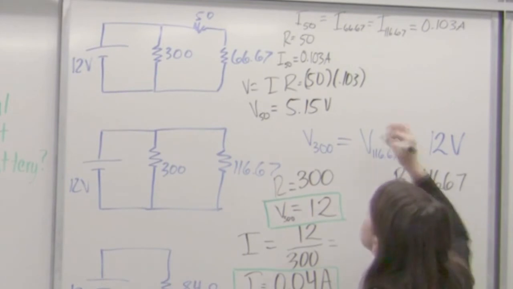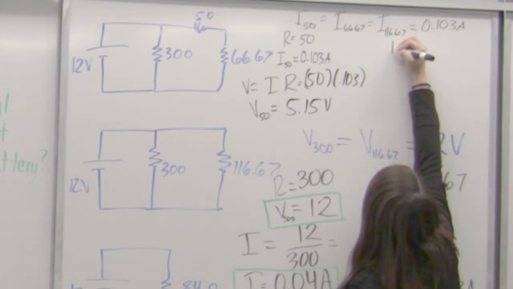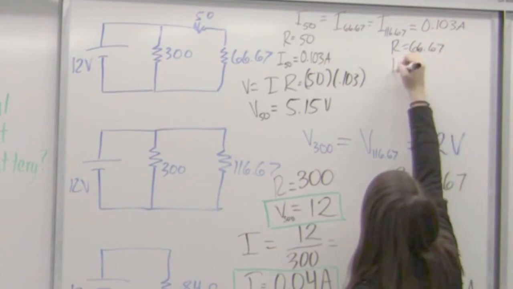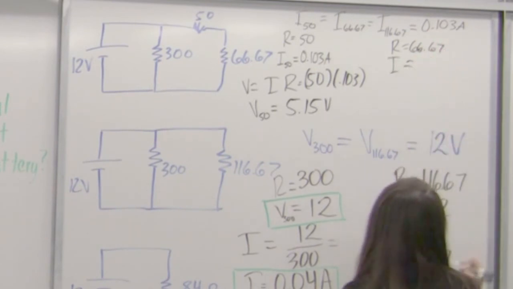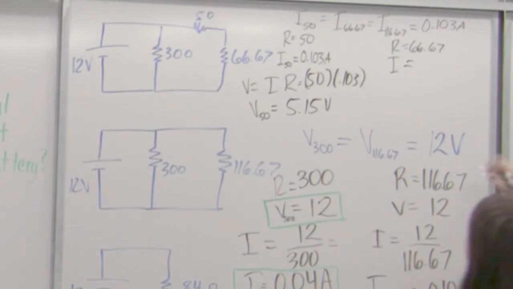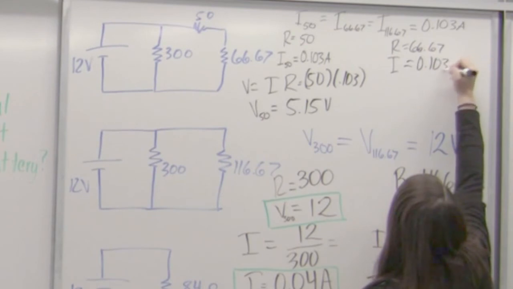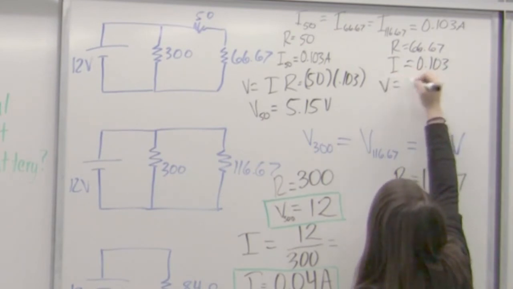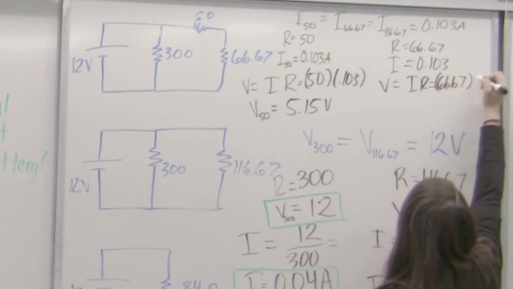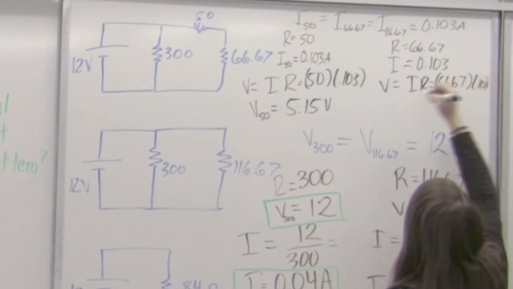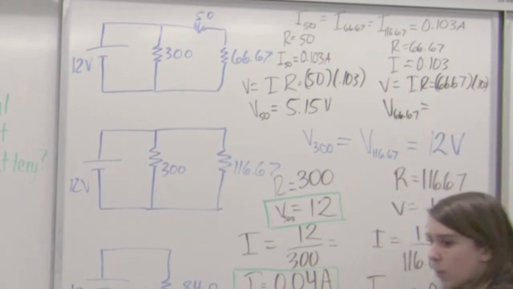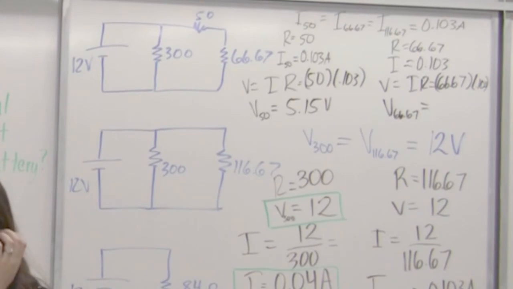For our 66.67, R equals 66.67, I is equal to 0.103, V is IR, and that works out to 6.87.